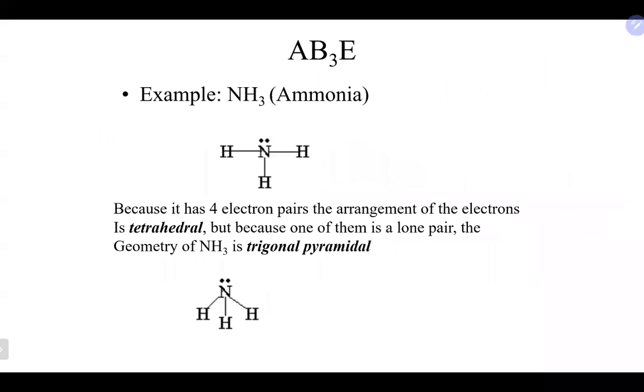NH3. NH3 here, looking at the nitrogen in the center. Number of electron pairs has 4. 1, 2, 3, and 4. Again, doesn't matter if they're dots, doesn't matter if they're lines. Number of bonds in this case will just be 3.